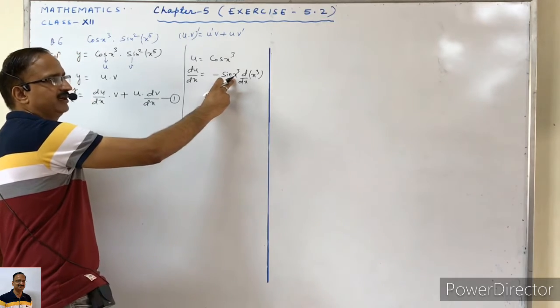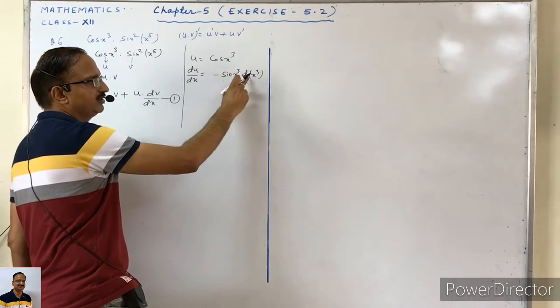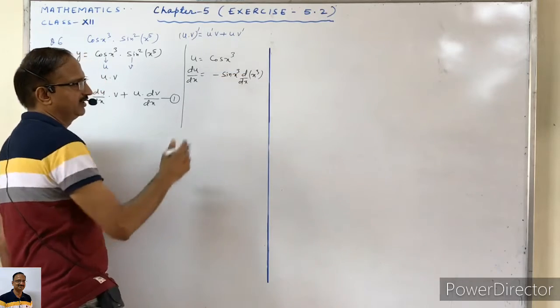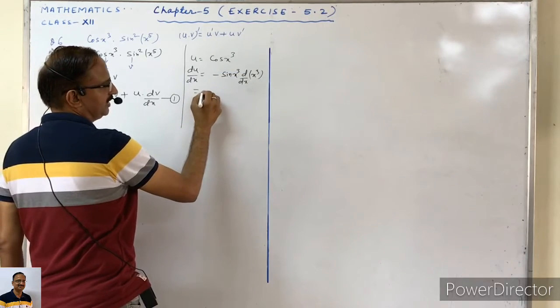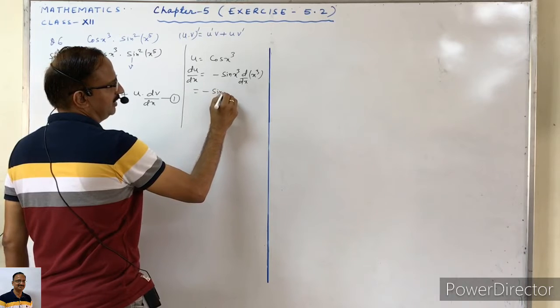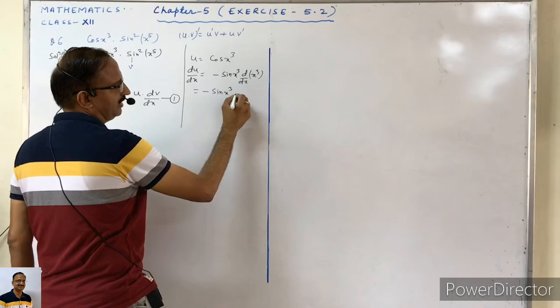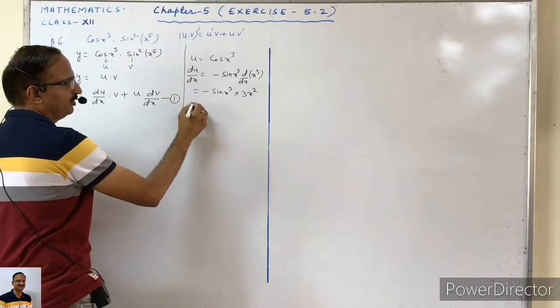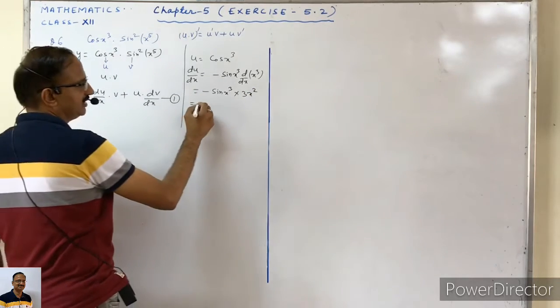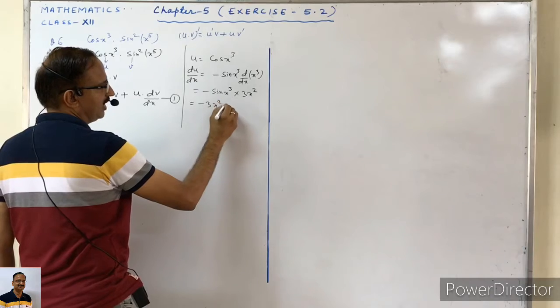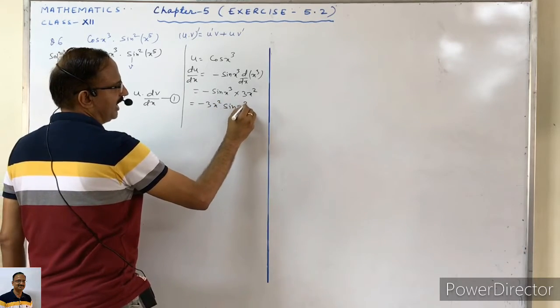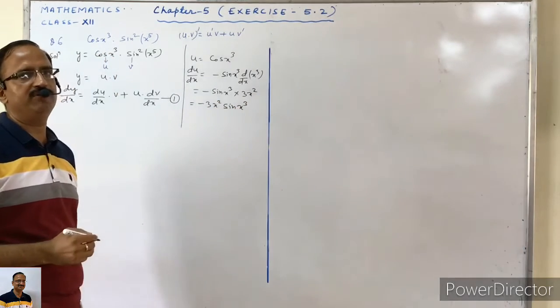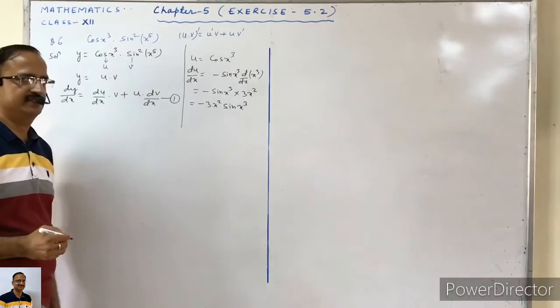So we will write the differentiation of this x cube in the product. So the answer is minus sine x cube and differentiation of x cube is 3x square. So we can say that this is minus 3x square sine x cube. So this is the value of du by dx.